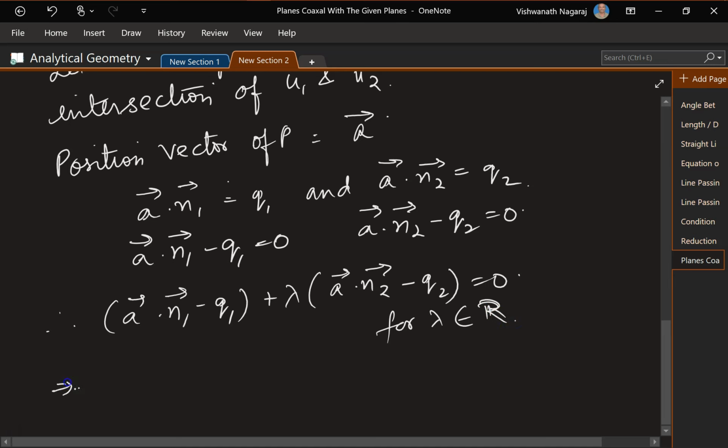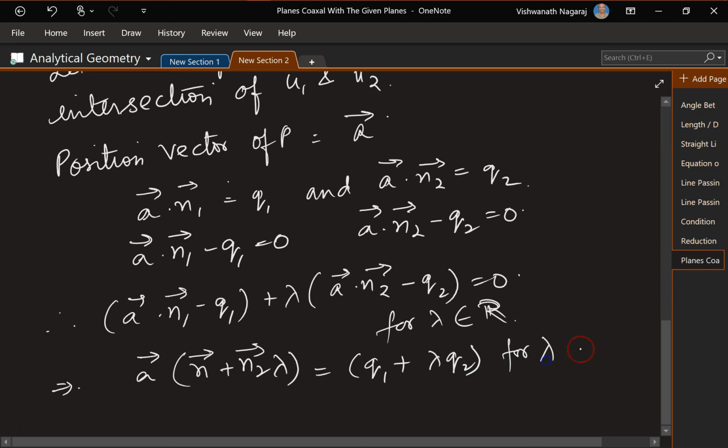Now this implies vector a dot n1 plus lambda n2 equal to q1 plus lambda q2 for lambda belonging to real numbers.